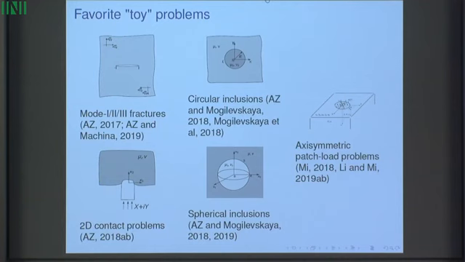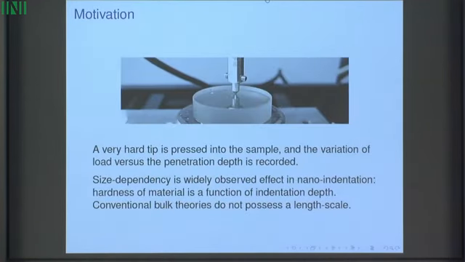Okay, and the motivation for studying contact problems comes from nanoindentation. In nanoindentation experiments, which are one of the main ways to test the hardness of materials, what they do is they take a very rigid hard tip and they press it into the material and they measure the curves, so load versus penetration.